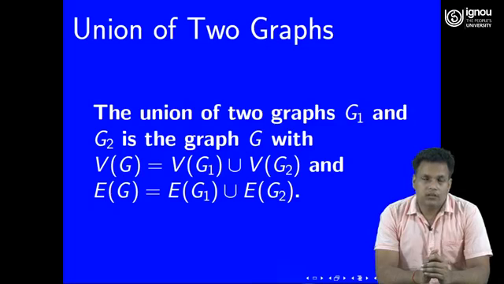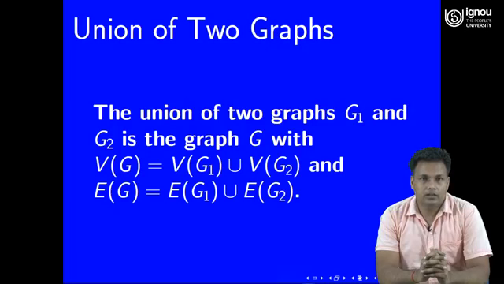Now there is another concept related to graphs, and it is the union of two graphs. So given two graphs G1 and G2, the union of G1 and G2 is the graph G1 ∪ G2, which has vertex set V(G) equal to V(G1) ∪ V(G2) and edge set E(G) equal to E(G1) ∪ E(G2).